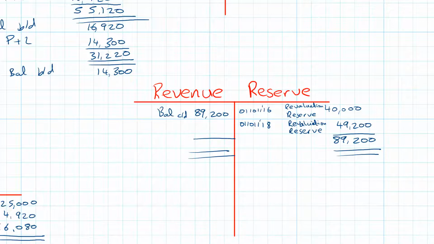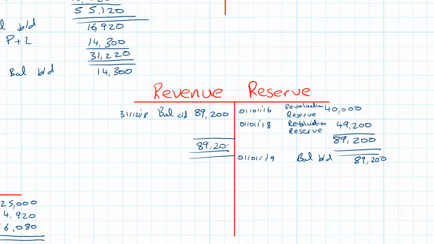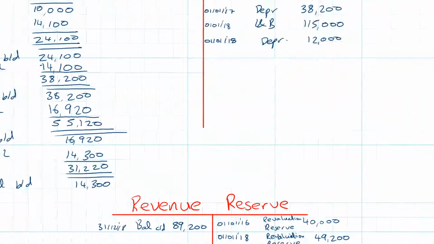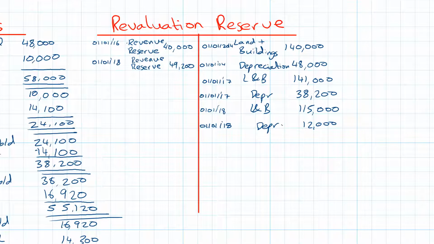Balance called down at the very end of the year. And the beginning for next year, balance brought down 89,200. Don't forget to fill in everywhere.